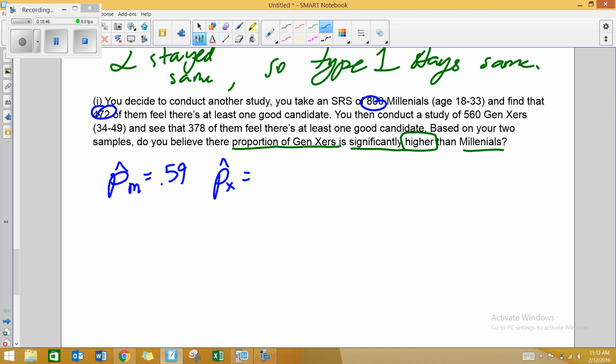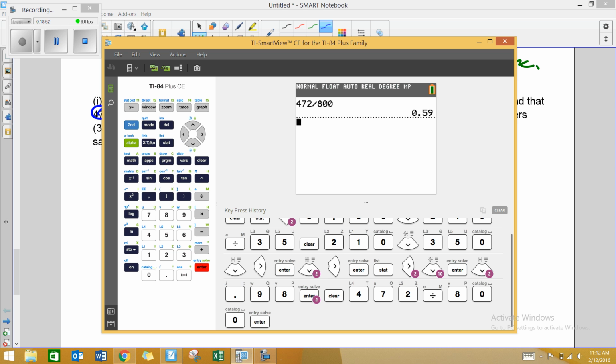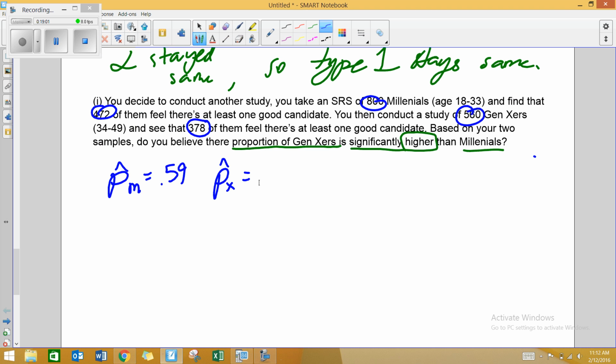And then this other one is going to be 378 out of 560, which gives us our sample proportion of Gen Xers.